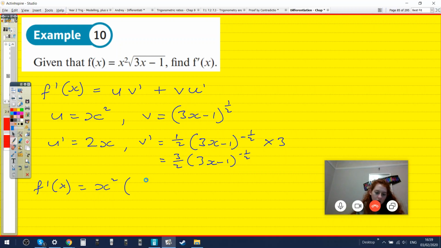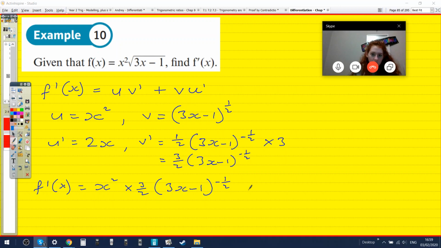Yeah. And then is that plus v, and then times by 2x. Yeah. Times by 2x. That's it.